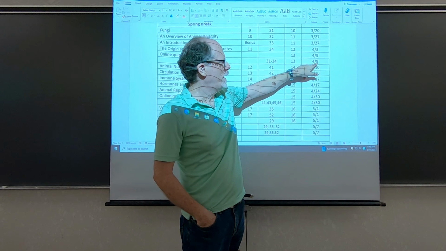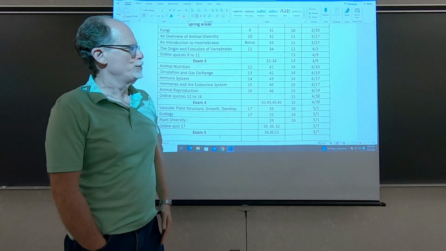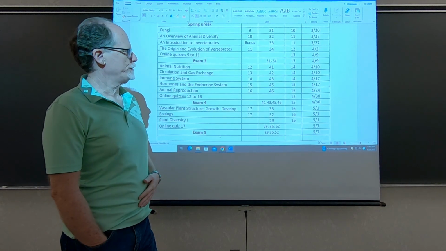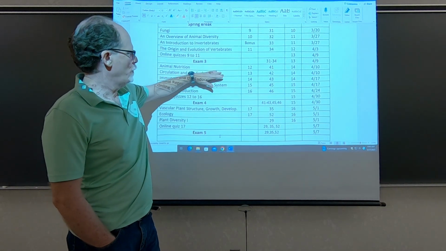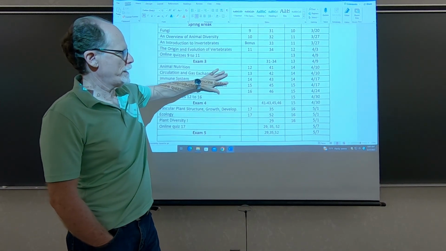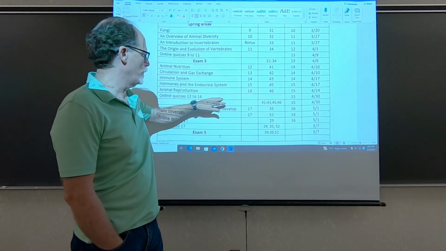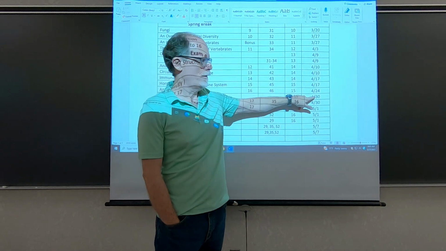The 9th. But I think you can take it now, for instance, right? I think it opened up this week. And then I'll open these up the following week. So you'll be able to finish up, say, exam 4 ahead of time.